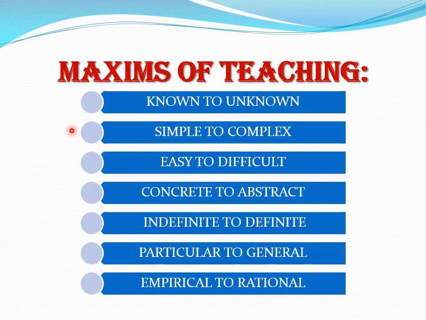Another maxim is simple to complex. A process from simple to complex. So the words simple and complex are to be seen from the point of view of the child and not that of an adult, right? So we would be curbing the interest and the initiative of the children by presenting them complex problems before the simpler ones are presented.